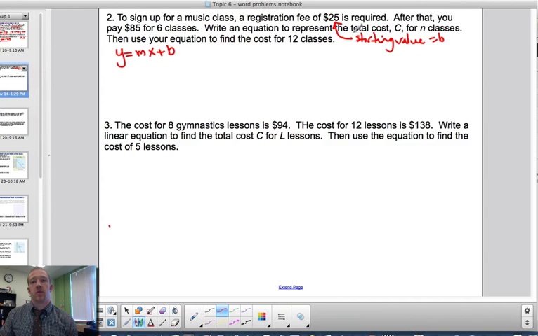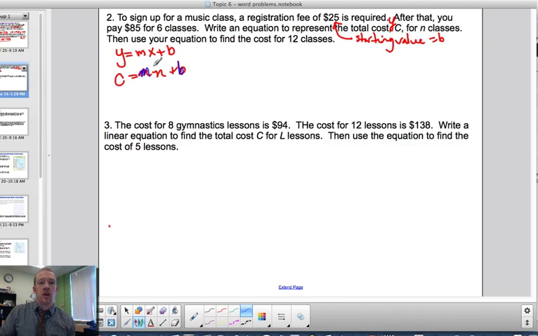Write an equation that represents the total cost C for n classes. So our y is now going to be C. We use C and n because those letters make more sense for our problem. Since we're talking about cost, we're going to let our variable be C for cost, and then the slope times, instead of just a random x, n, because n stands for number of classes, plus our y-intercept. So we're still looking for the slope and the y-intercept. We still want these numbers.